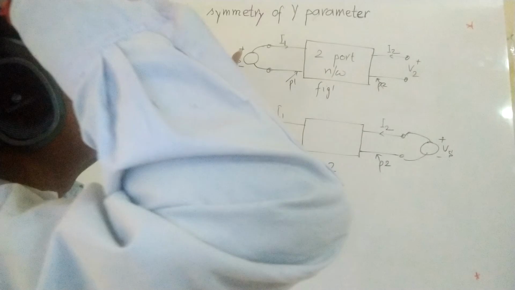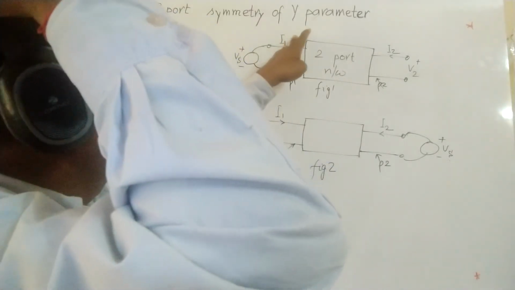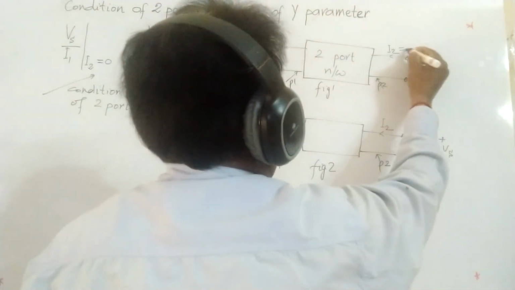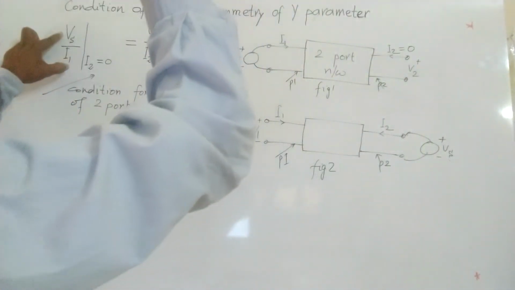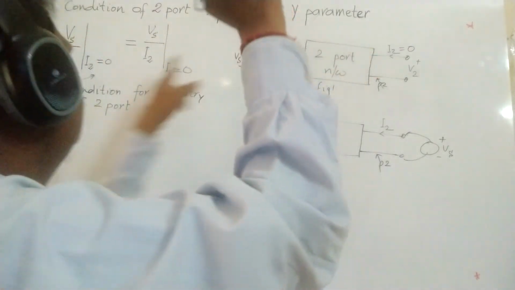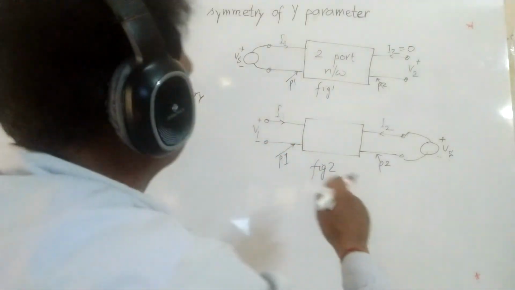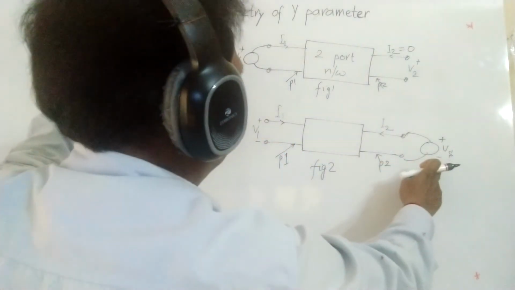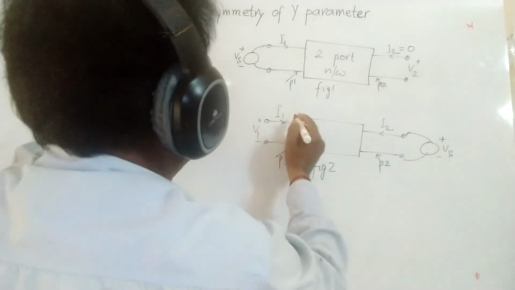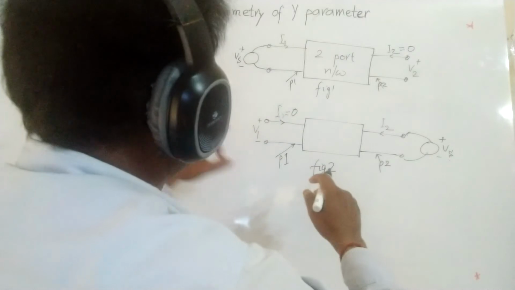The voltage source is the excitation in port 1, this is the response in port 1, and the other port 2 is open circuited. Here we have taken Vs by I1 keeping I2 equal to 0, and in this figure at V2 there is Vs and the current is I2 when we have open circuited port 1.